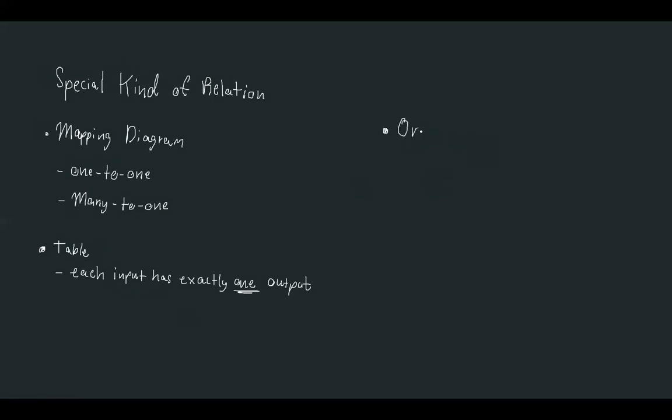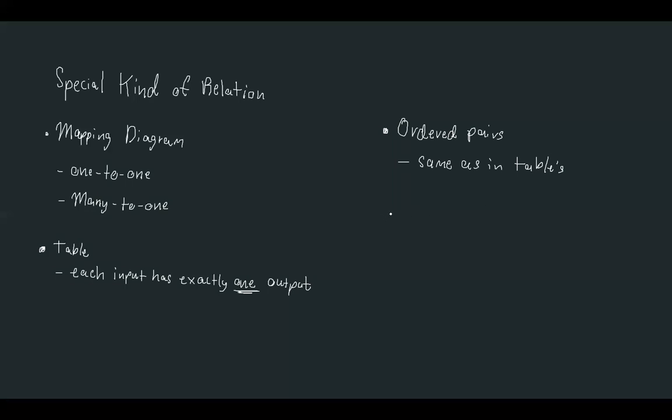For ordered pairs, the same thing here as in the table, meaning each input has exactly one output.